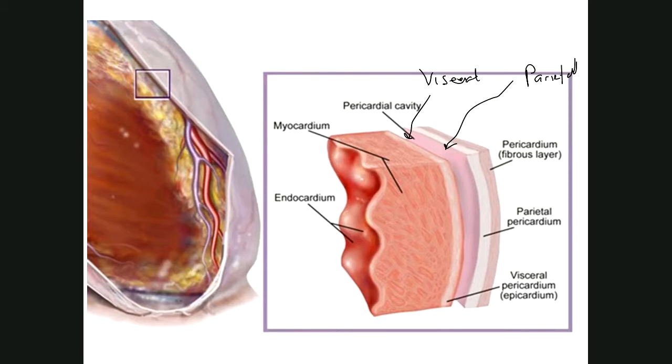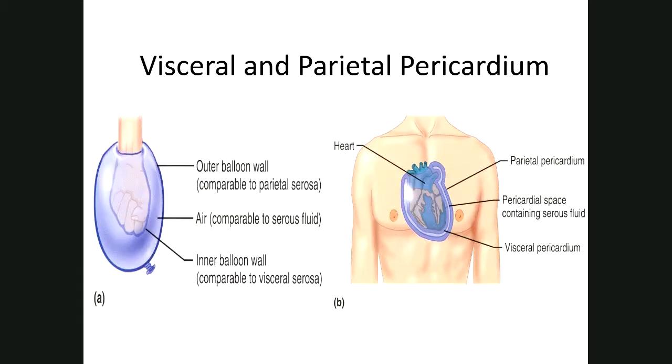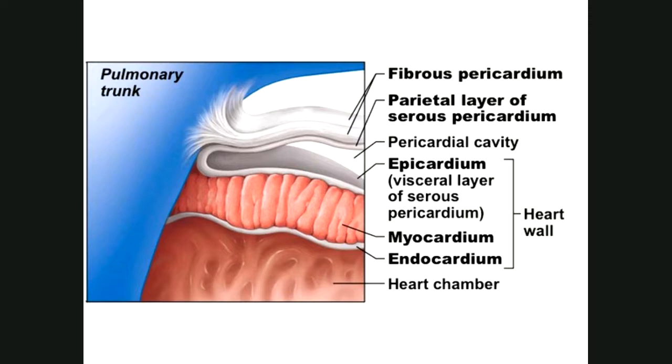It's like glued on there. And so it actually becomes a layer of the heart. So if we look over here, that one becomes the outer layer of the heart. And here it is right here. This visceral pericardium is now the outer layer of the heart. And so when we look at the heart, there are three layers.